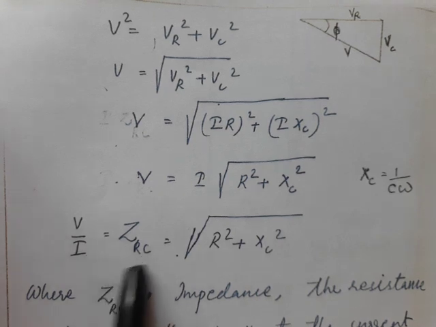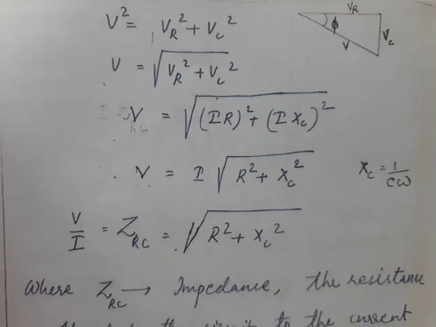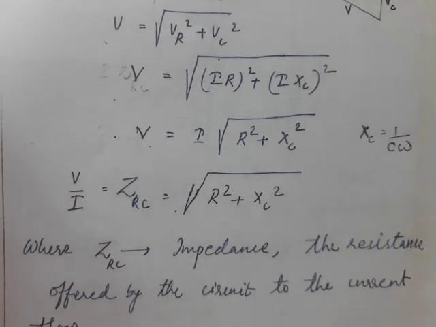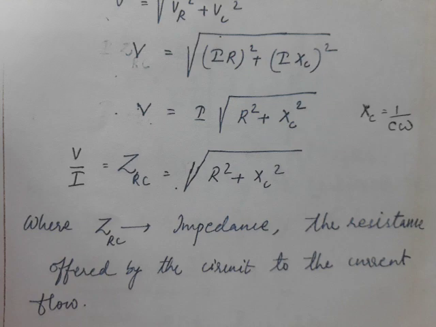Now ZRC is the impedance of the RC circuit, that is the total effective opposition offered by the capacitor and resistor together to the flow of AC.